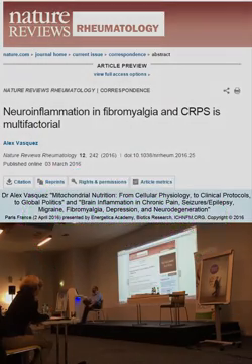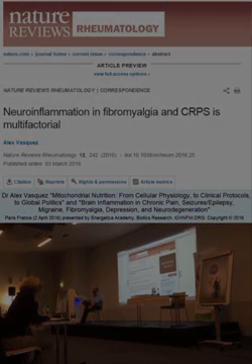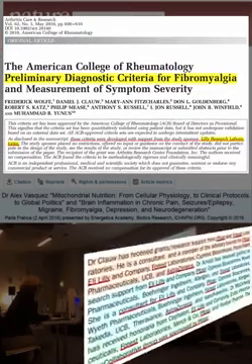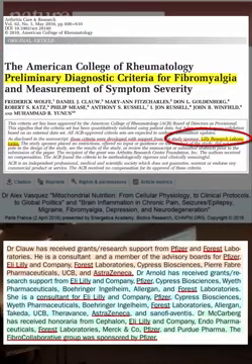So what I find with fibromyalgia is that by far, perhaps 100%, of the review articles are written by people who work for drug companies. And what would you expect their conclusion to be?